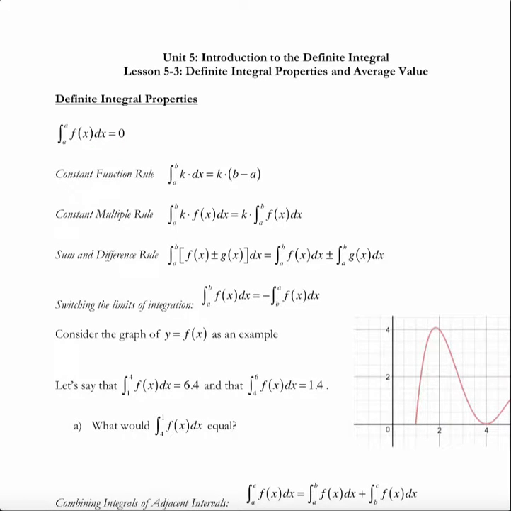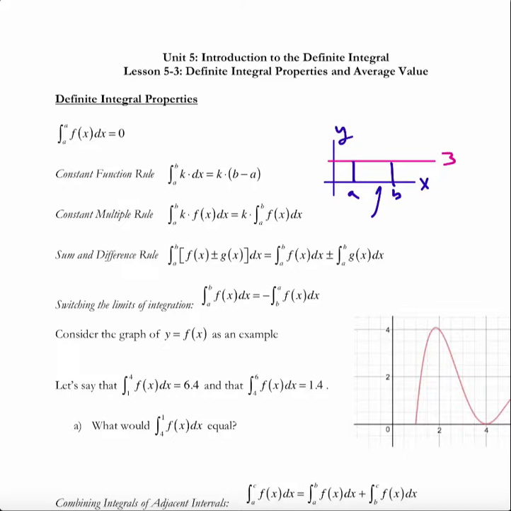The constant function rule is that if you have a function that itself is a constant, such as f of x equals, I don't know, let's say 3. So here's a little graph of what that looks like. Here's x, here's y, and let's say that f of x is just 3, some sort of constant. Well, I think it makes sense that if we're going to take the definite integral of f of x from the point where x equals a to the point where x equals b, you're going to get a rectangle, right?